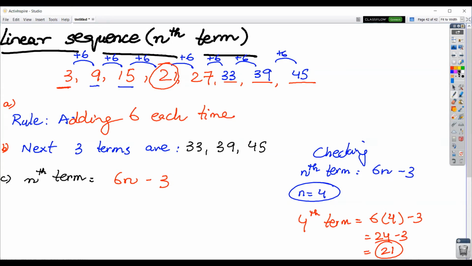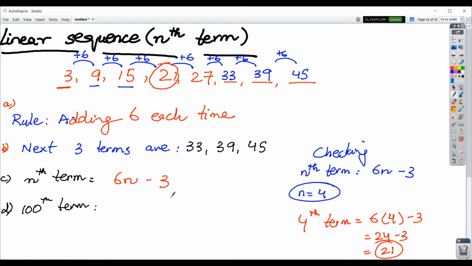Another possible exam question is to use this nth term to find any term in the sequence. Maybe they ask you to find the 100th term of the sequence, which means your n is 100.